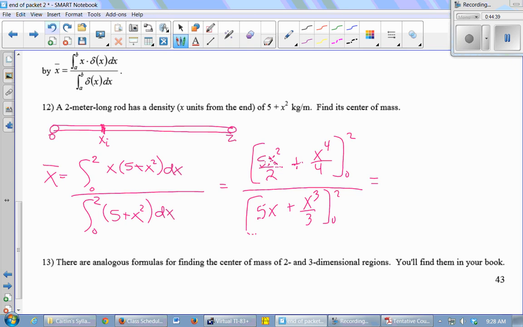If I plug a 2 in here, 2 squared is 4, times 5 is 20, over 2 is 10, plus 2 to the 4th is 16, over 4 is 4, so I have 14 minus 0. When I plug a 2 down here, I get 10 plus 8/3 minus 0.